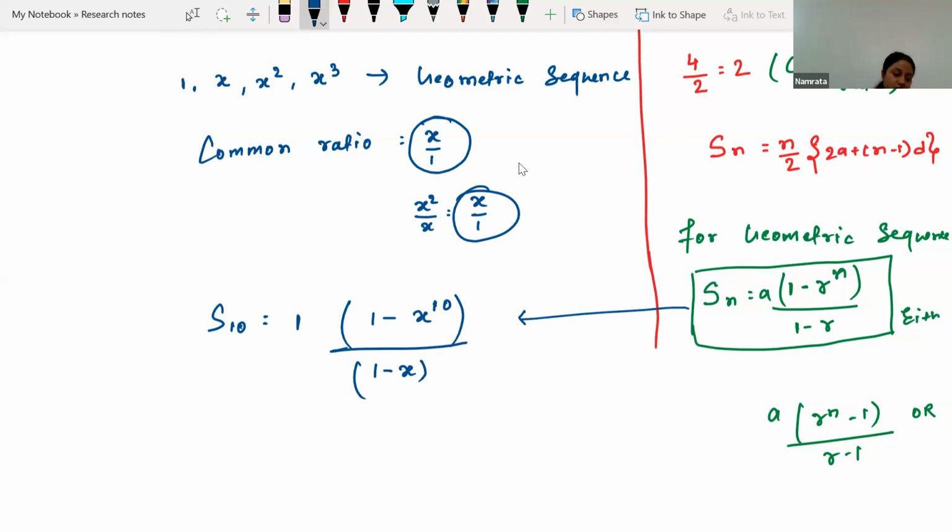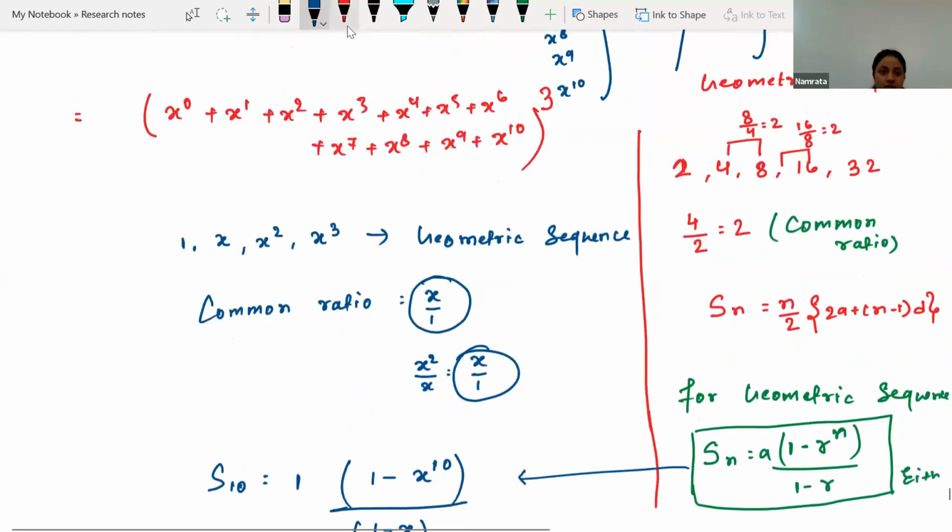Just a moment. One thing we have to consider here. If we are having x to the power 0, then 1, then 2, then 3, then 4, then 5, till 10, how many total terms are there? 10 or 11?